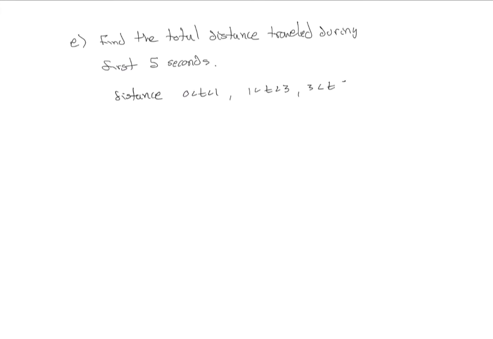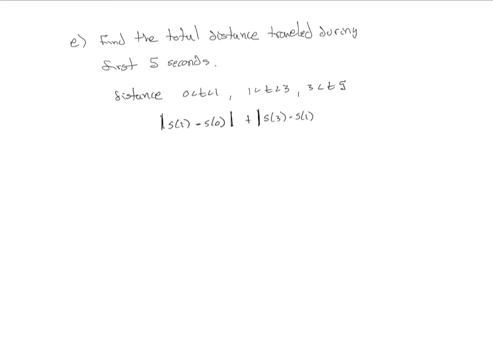Now the way we typically would do this, right, distance would be kind of final position minus initial position. So I would really be looking at s at 1 minus s at 0. And even though this is going to be positive, I'm just going to go ahead and use absolute value to emphasize we're looking for a distance, a positive quantity. And then we're going to have s at 3 minus s at 1. So again, final minus initial.